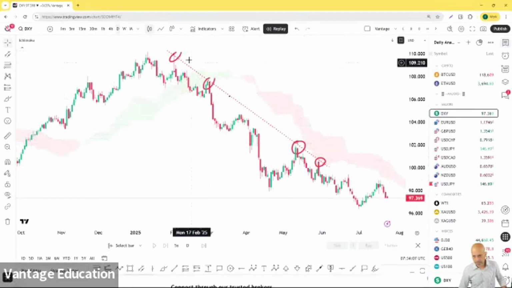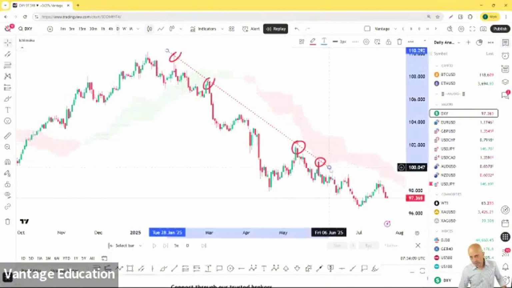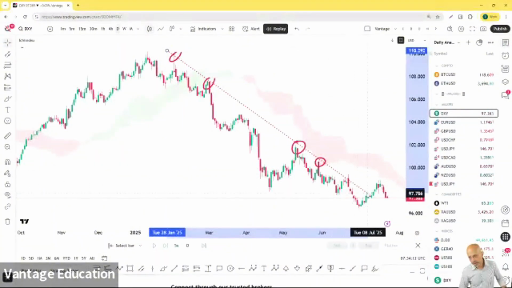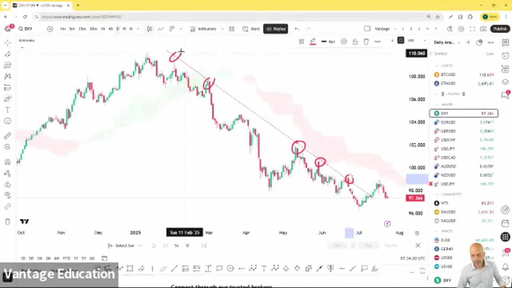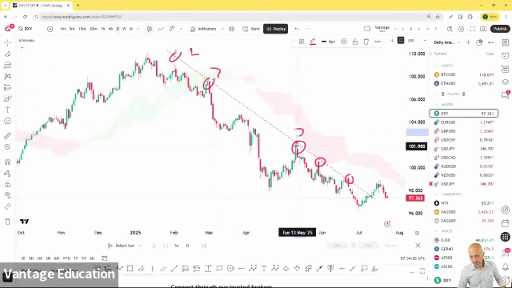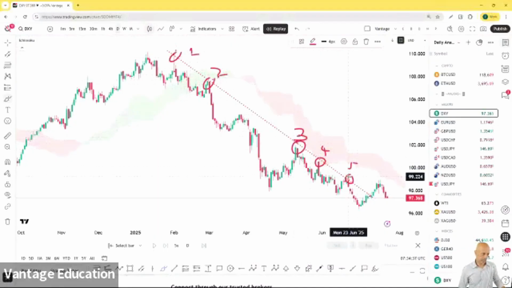So basically the upper trend line is the descending trend line, which continues to remain respected all the way till 10th of July, all the way till mid-July. So we can see here the descending trend line was respected several times. We see the first touch here in early Feb, second touch in March, third in May, fourth in end of May, fifth at the end of June.